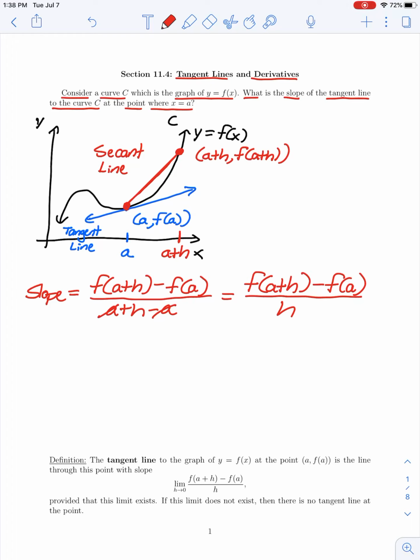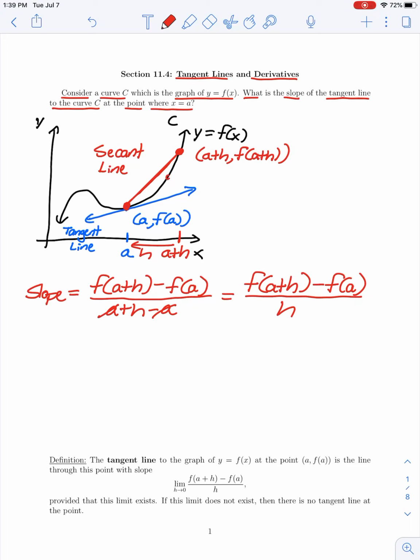Now, to get the slope of our blue tangent line, as we saw in the previous section, the idea is to take the average rate of change, or the slope of this secant line, as these 2 points get closer to each other, or as the distance between a and a plus h, which we were calling h, is shrinking to 0.